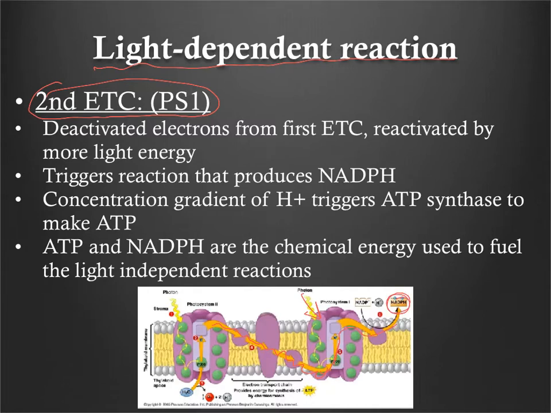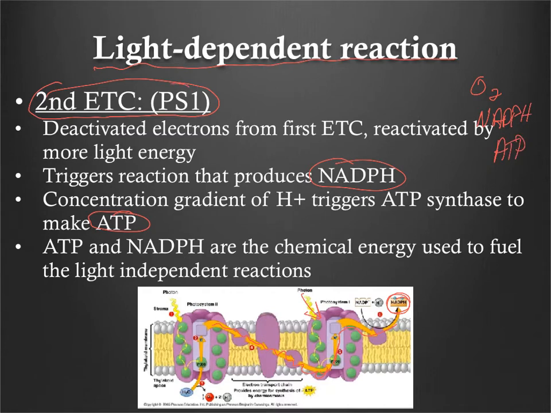The concentration gradient of hydrogens inside the thylakoid membrane is going to cause ATP synthase to produce ATP. Okay, so we got oxygen gas produced in the first part. We get NADPH and ATP produced in the second part.